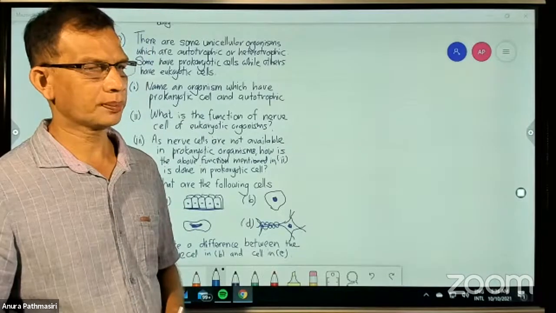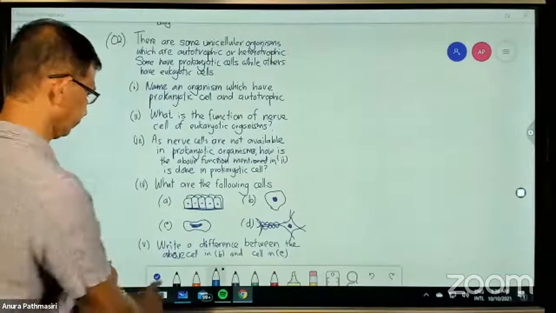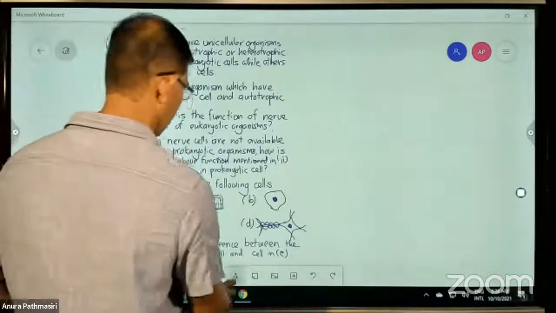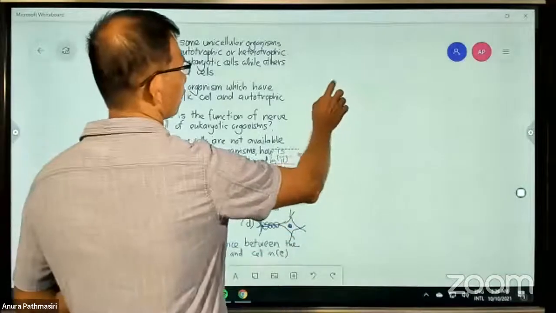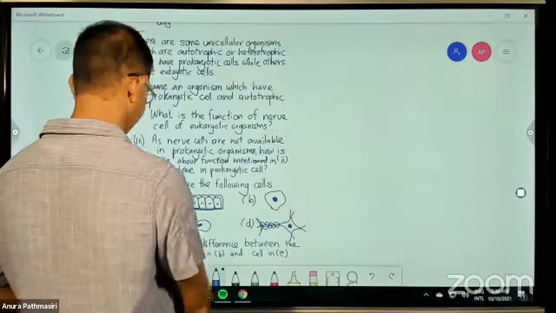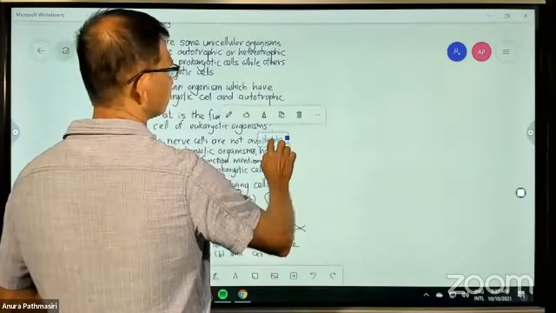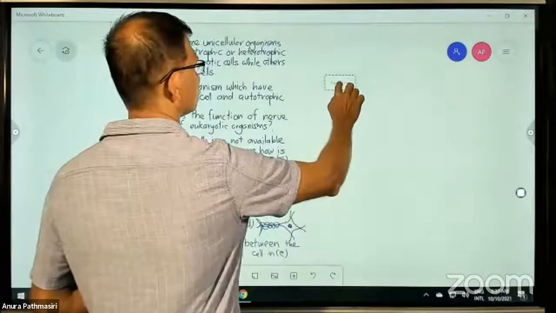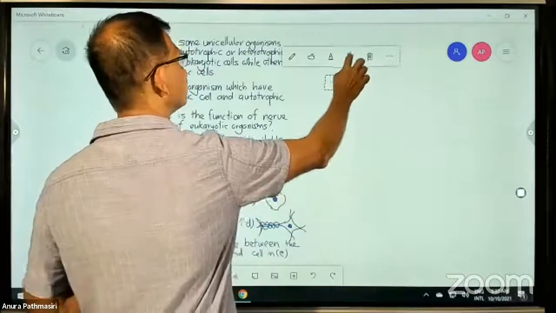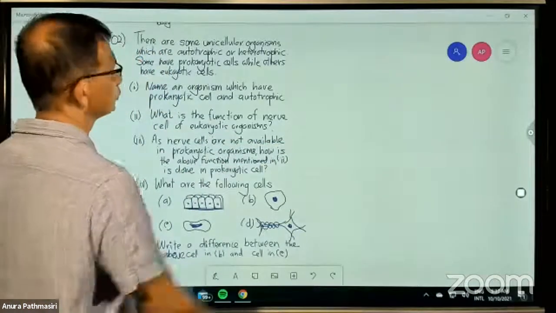Can you tell something about the cyanobacteria? Very good.